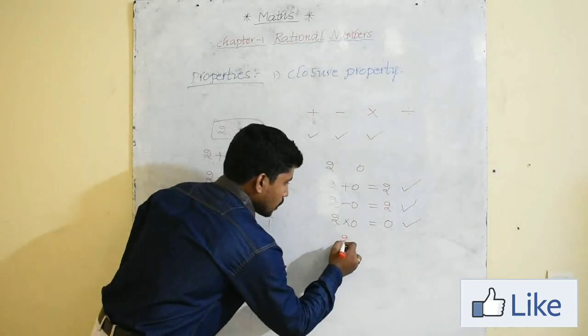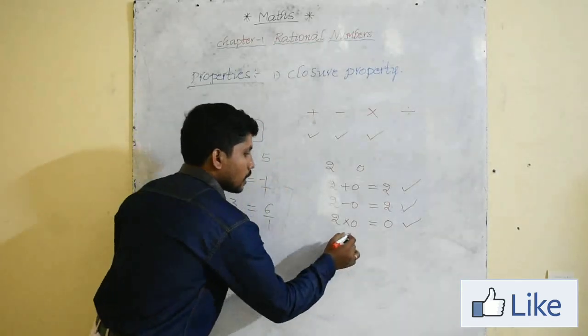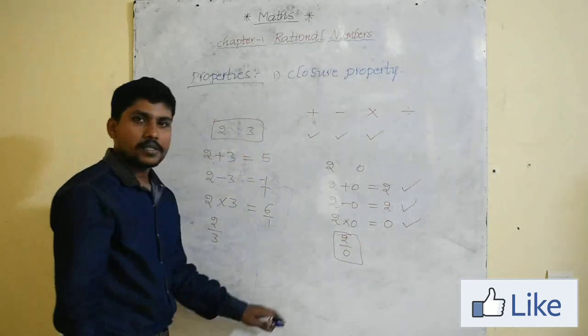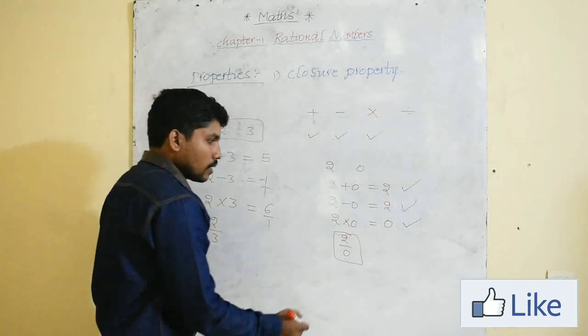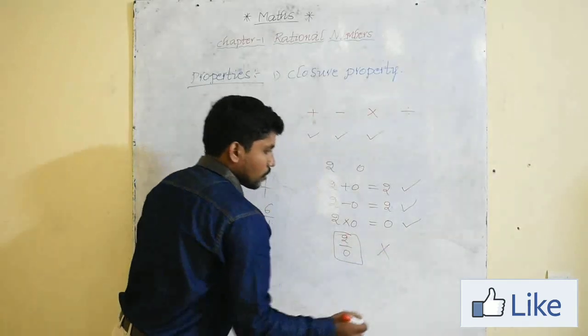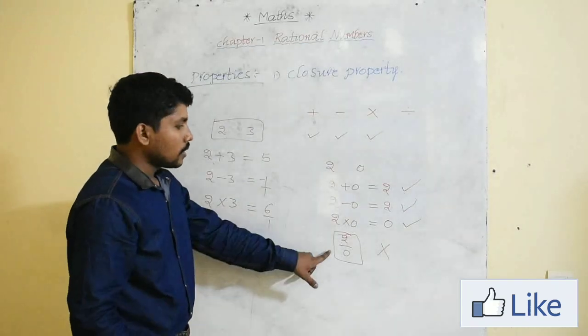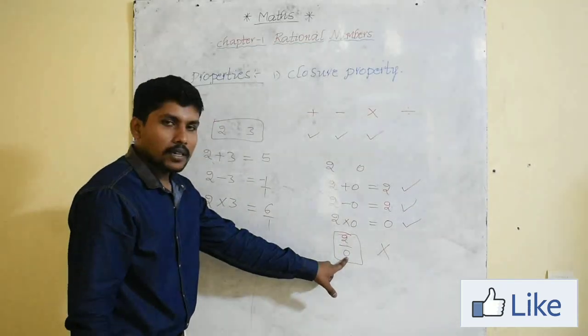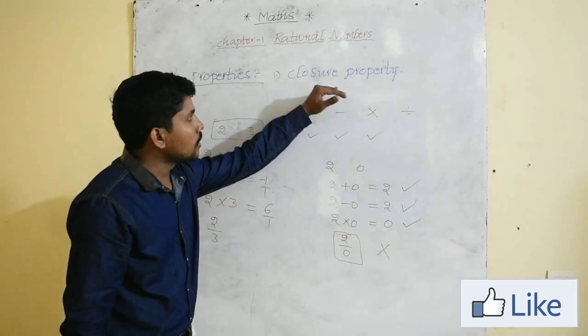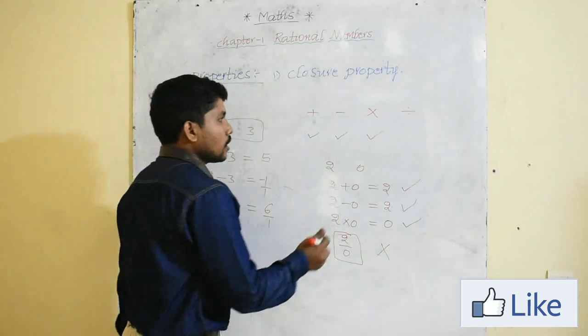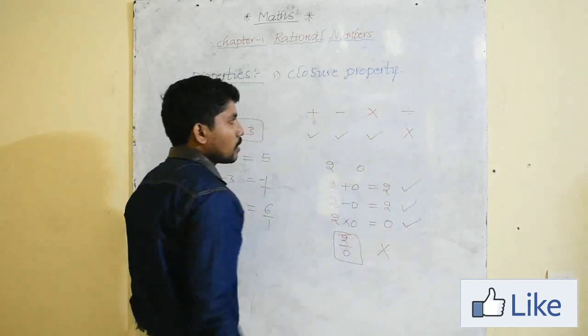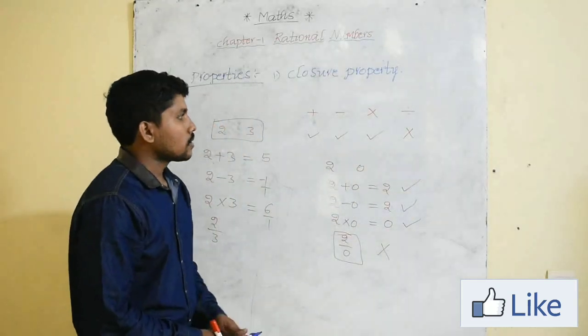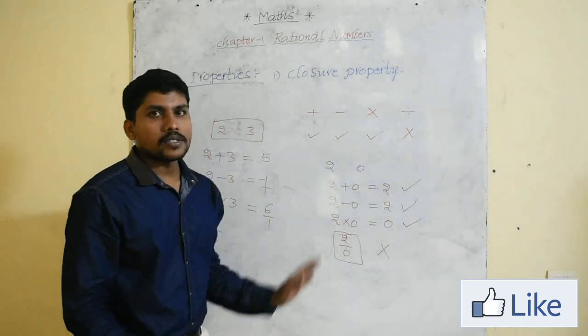If I divide these two, then it is an undefined number. So it does not satisfy the closure property under division. For this value under division, it is not satisfying the closure property. So for division, we cannot say that for all numbers it will be satisfied.